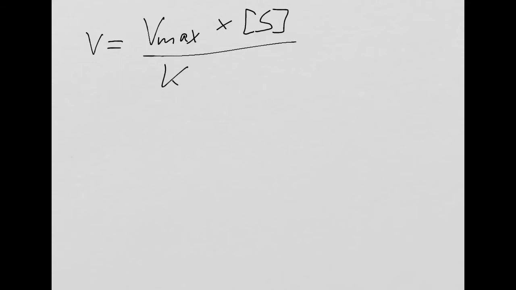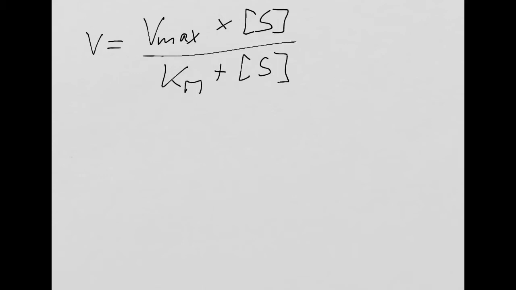Okay, let's write down our Michaelis Menten equation again. V equals Vmax times S divided by Km plus S. And we can deal with it if S is very big. We can deal with it if S is very small.